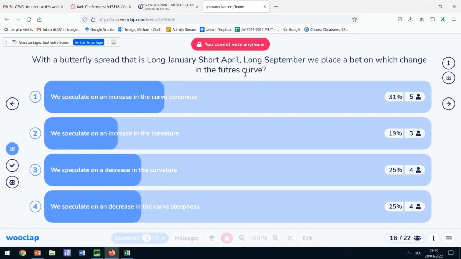Normally the shape of the curve is like that, so actually we place a bet on the curvature becoming lower. Normally the curvature is like that, and then it's getting flatter. So we speculate on a decrease in the curvature.